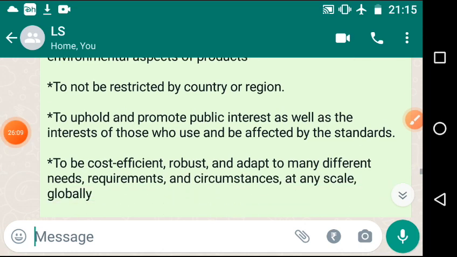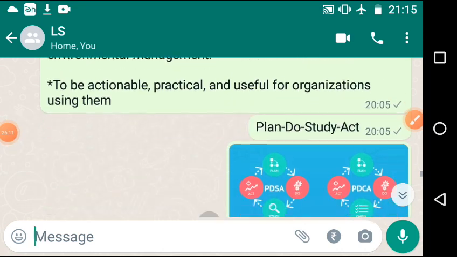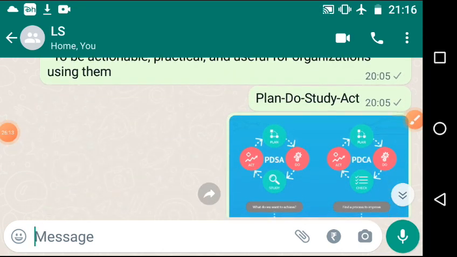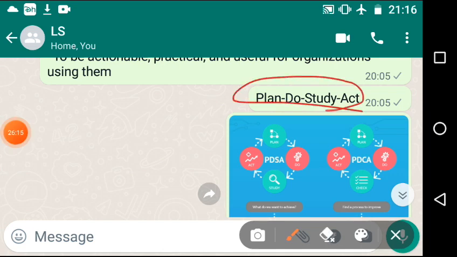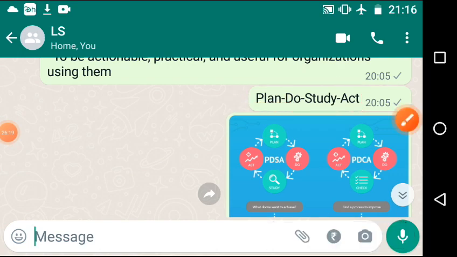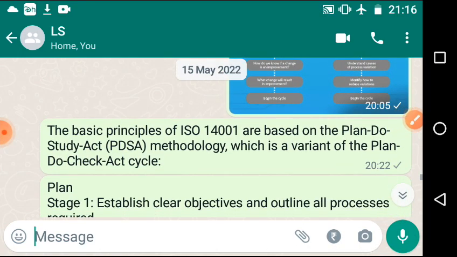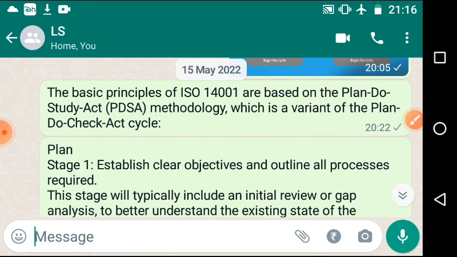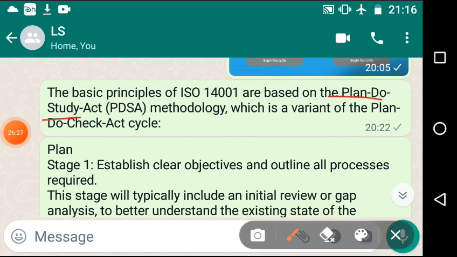We have to work on it continually and be actionable, practical, and useful for organizations using them. So these are some important objectives of environmental management with respect to ISO 14000 standardization.